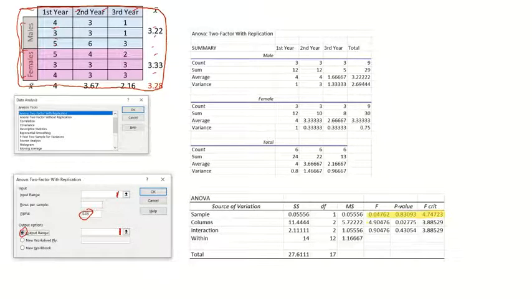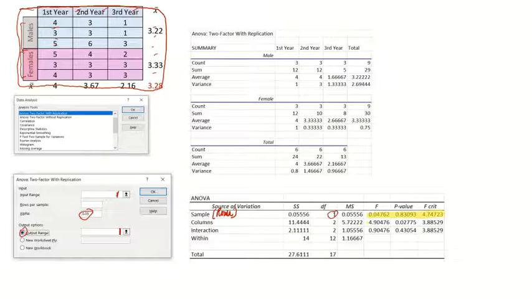Okay. So in terms of sample, the sample here, by the way, will be the rows. And in terms of rows or sample, we only have 2, male or female. So the degree of freedom is 1. Now let's look at the F value, the P value, and the F critical values.